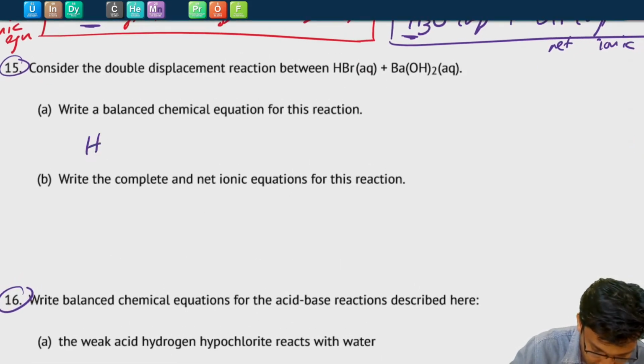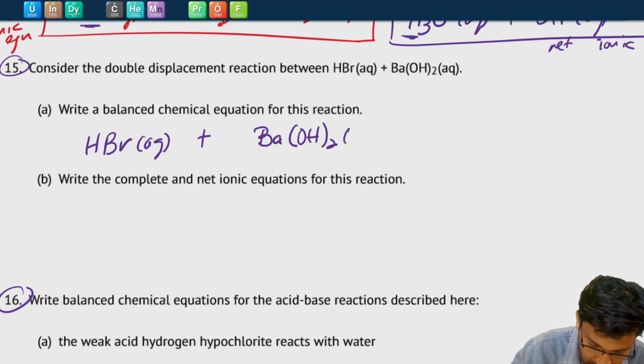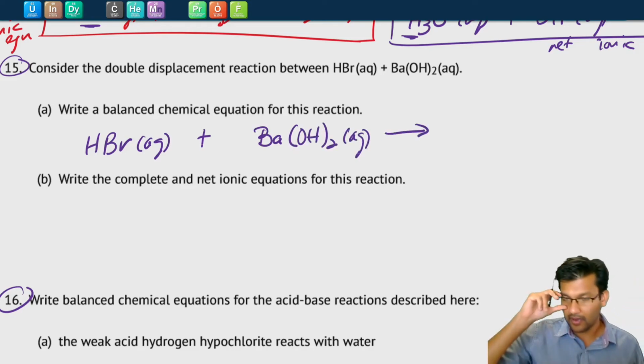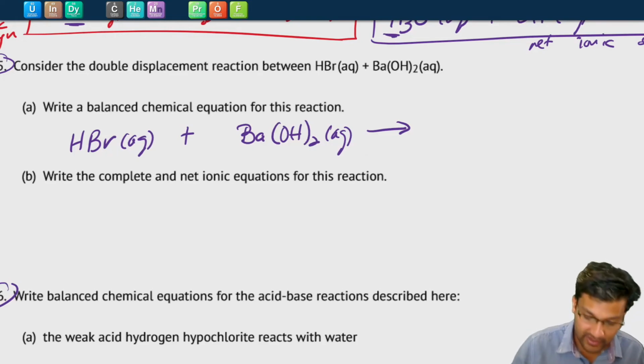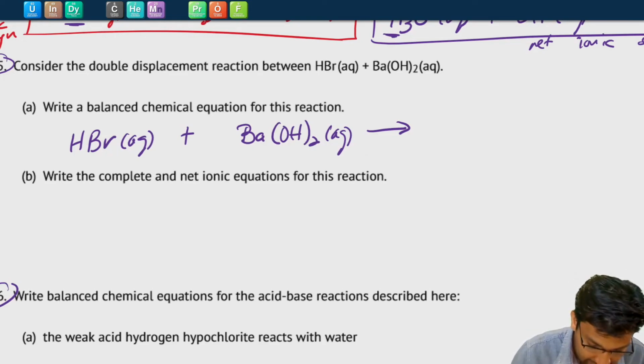So HBr aqueous plus barium hydroxide, Ba(OH)2 aqueous. This is an acid-base reaction because hydrobromic acid is an acid, it has H+. Barium hydroxide is a base, it has OH-. So the barium, which has a charge of Ba2+, will combine with the Br- to form barium bromide, BaBr2, to make sure that the charges are balanced.